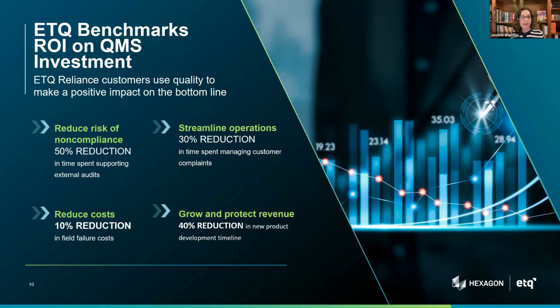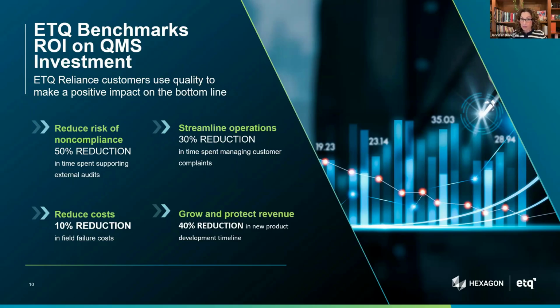And our customers can back this up. So, not that long ago, we did a third party study and they reported real savings. Our customers reported real savings, especially in costs tied to non conforming material. And one of the key results that came out of the study was a 10% reduction in field failure costs.